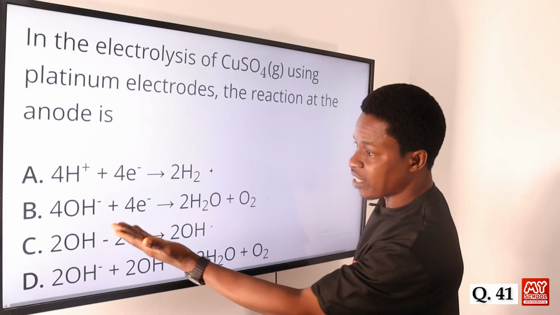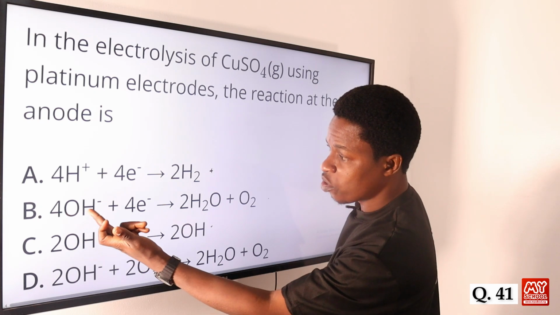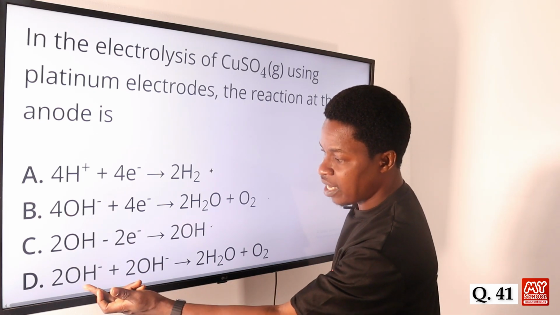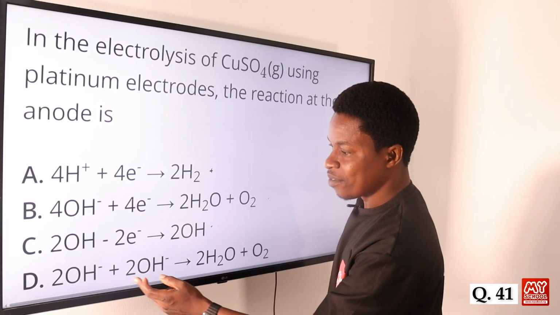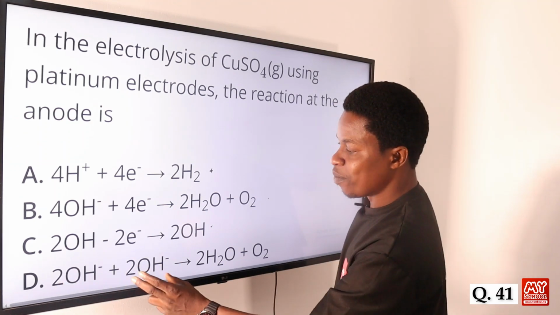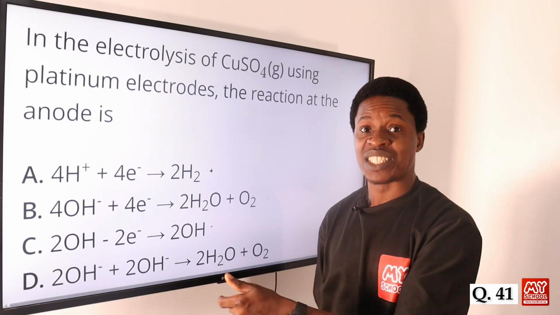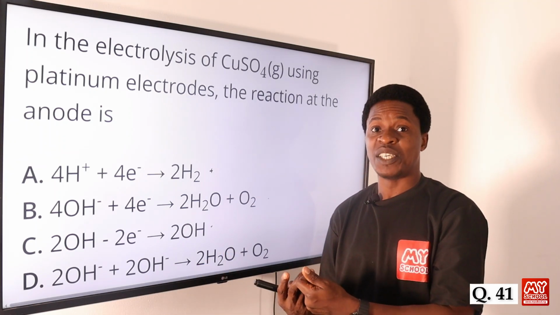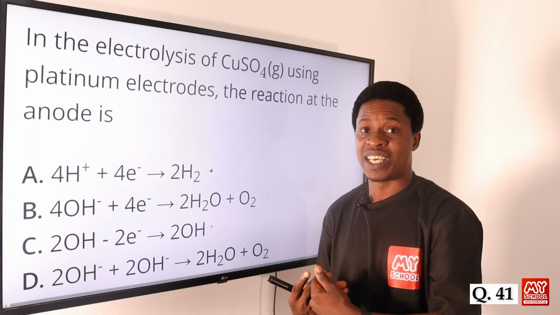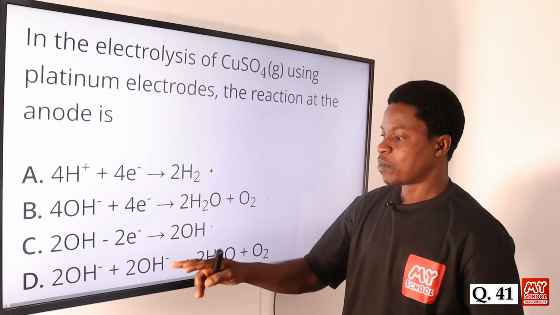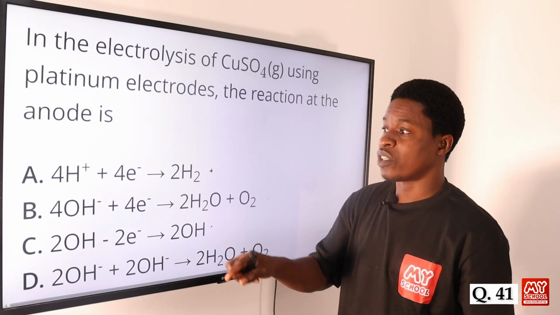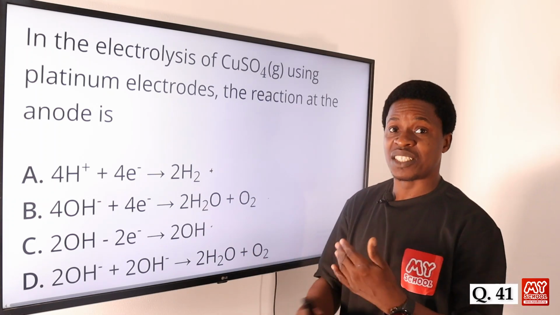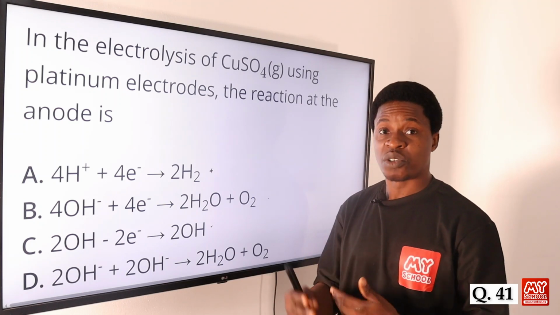Then look at the difference now. We have 4 moles of hydroxyl ion here, then plus 2 moles of hydroxyl. You are adding 2 moles of hydroxyl with 2 moles of hydroxyl. Then where is the electron that was given up at the other point and added to this point? Don't forget, reduction is gain of electron. So there will be gain of electron at the cathode where reduction is taking place.